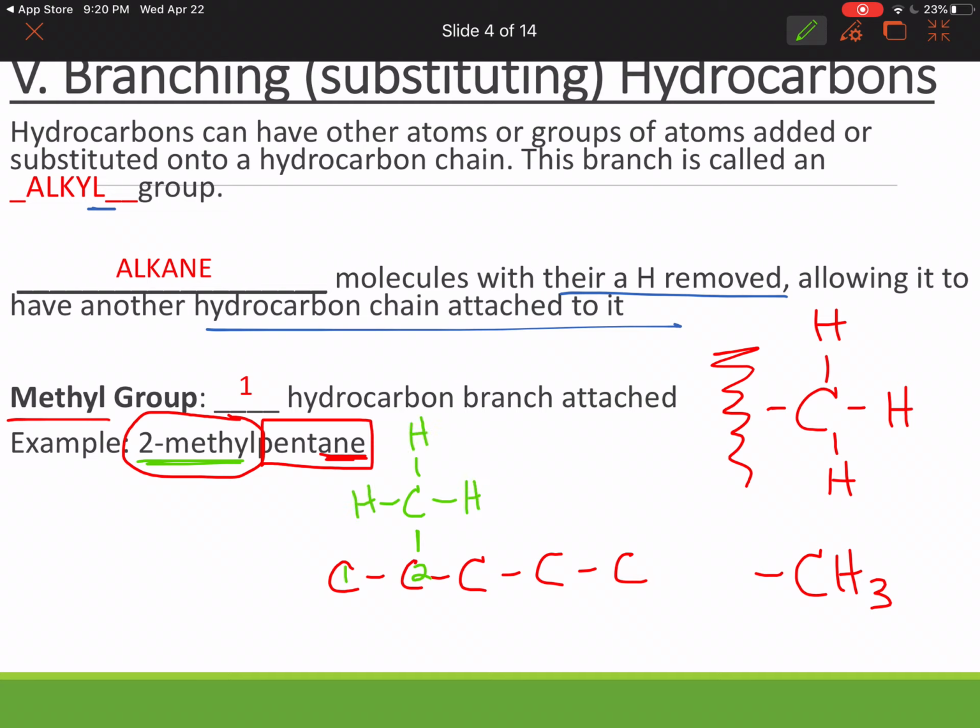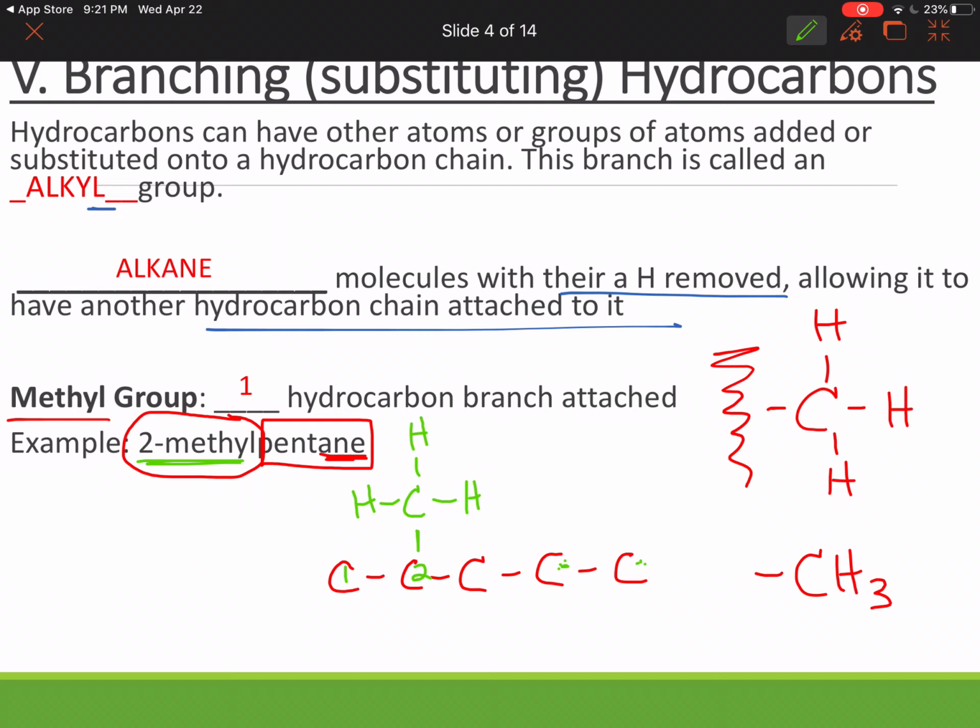Okay, so what does that mean? Well, I'm counting from left to right because it's just easier for me. It's how I think. But if I wanted to count from right to left, so if I wanted to count from here to here, then this one right here would be my carbon 2. And that would actually give us the same structure because I could lift it off the paper and flip it and it would look like the one I just drew. So don't be afraid if you want to start from that end or that end. However, be consistent with yourself so you're not confusing yourself.